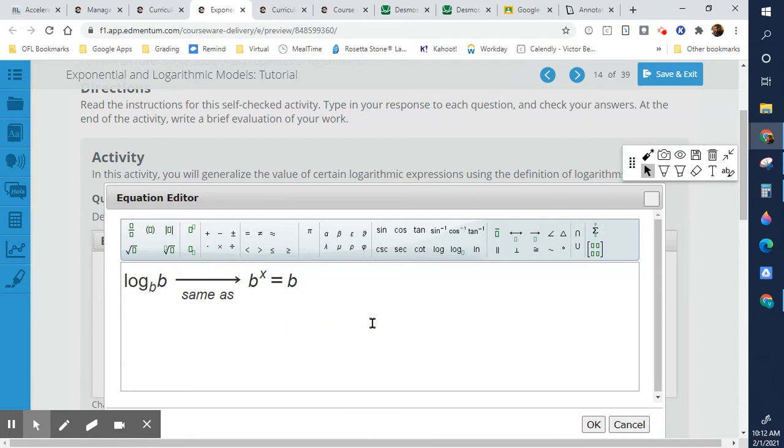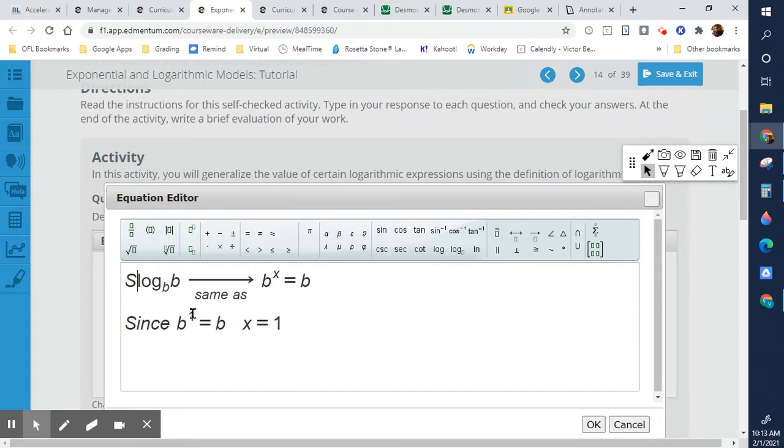Since b to the 1 equals b, x equals 1. So this explains my reasoning.